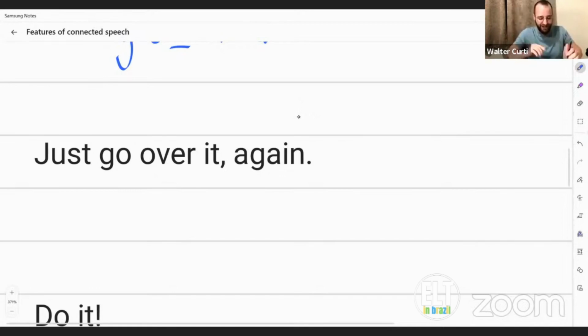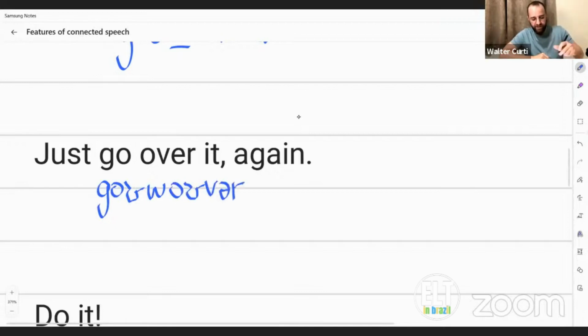But then again, just so we transcribe it, go over. There are different ways of transcribing it, depending on versions of English. If you're talking about British English or American English, this could change the way you transcribe it.